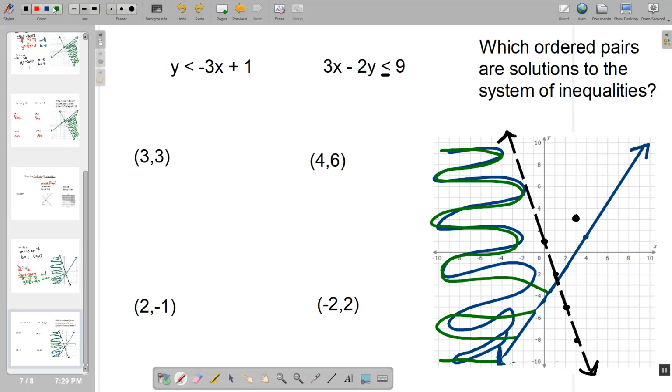I'm actually going to graph this in red, which is not in the solution of the system of inequalities, so I write no. (4, 6) is right up here, also not in the solution set. (2, -1) is down here, which is also a no. And then finally, (-2, +2) is right up here, which is in the solution set. So we would say yes.